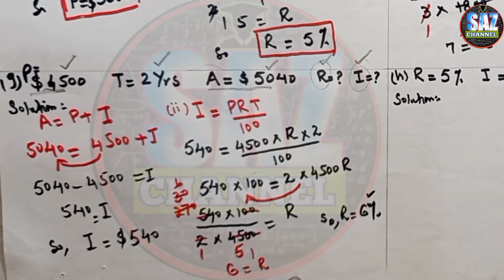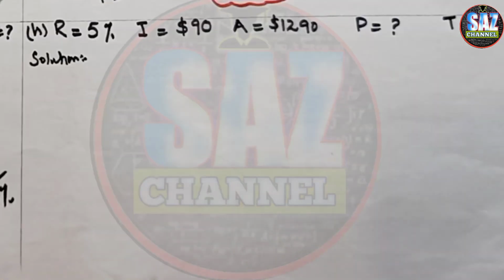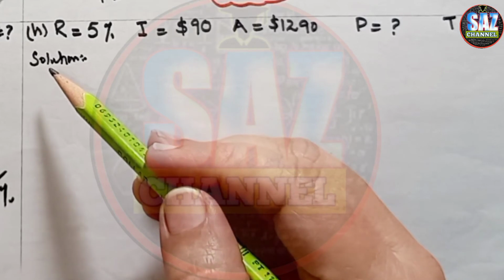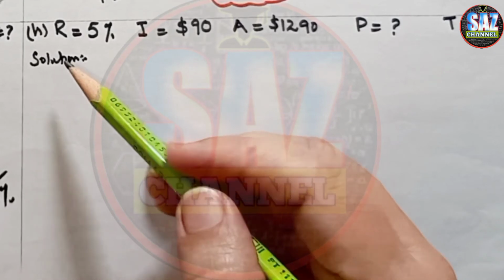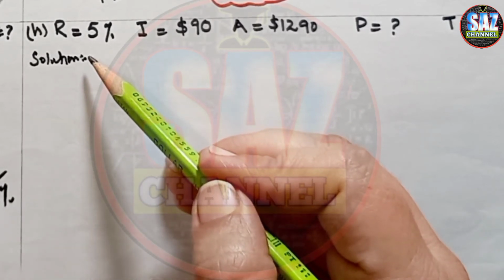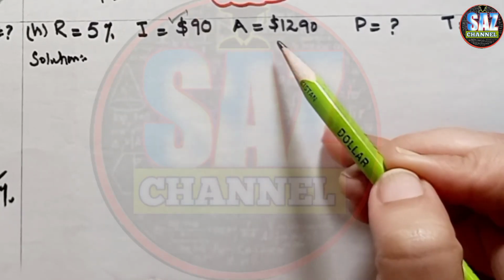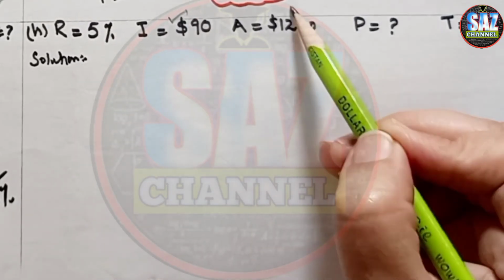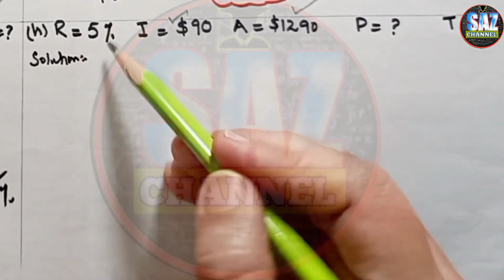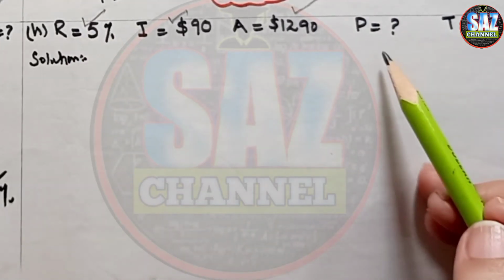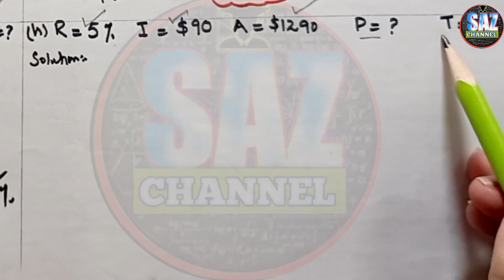Now let me move to the last part of this question, and let me compare the data from the book. Part H says that the simple interest in the question is $90, the amount is 1,290 and the rate is 5%, and we have to find the principal and time.